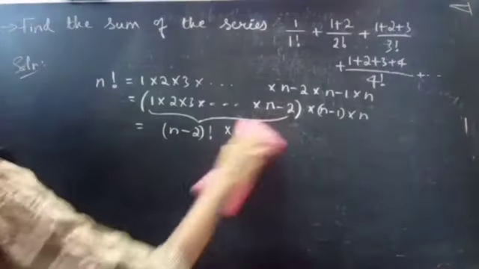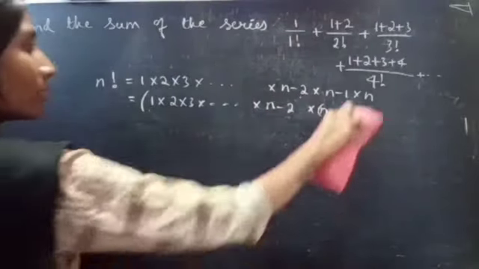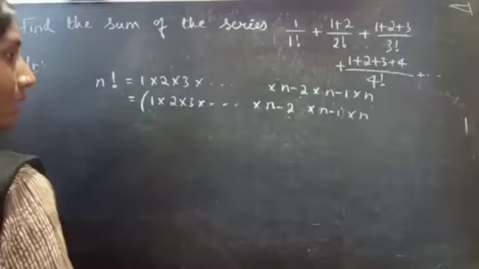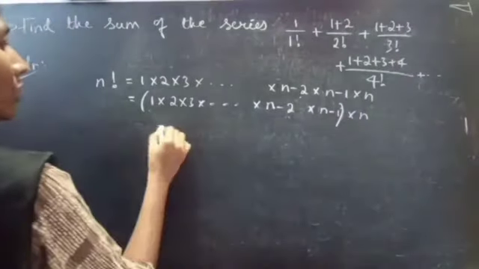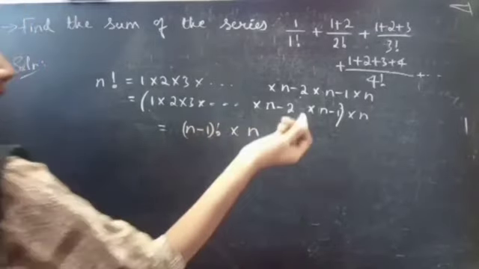Or if you are including n minus 1, then you could write it as n minus 1 factorial into n.